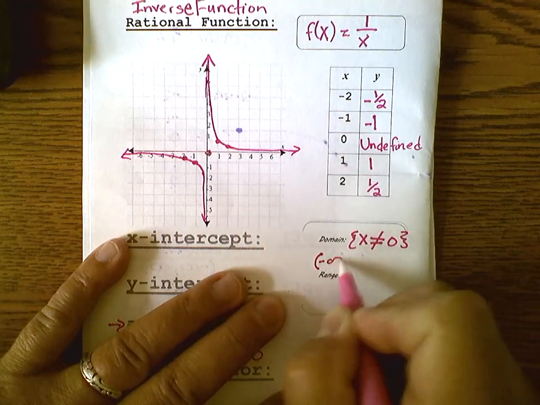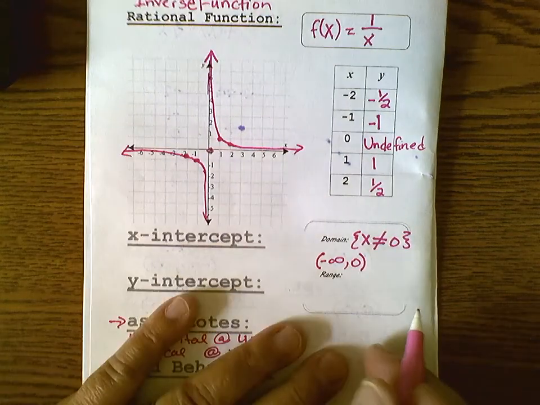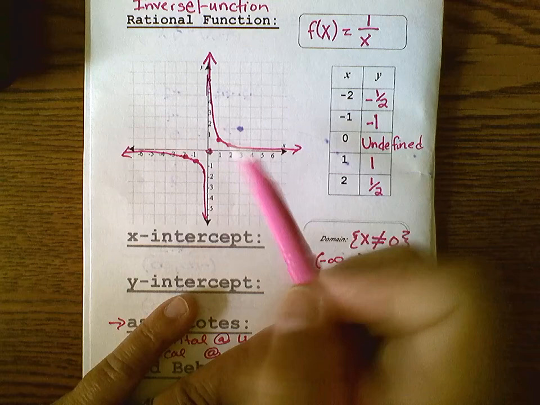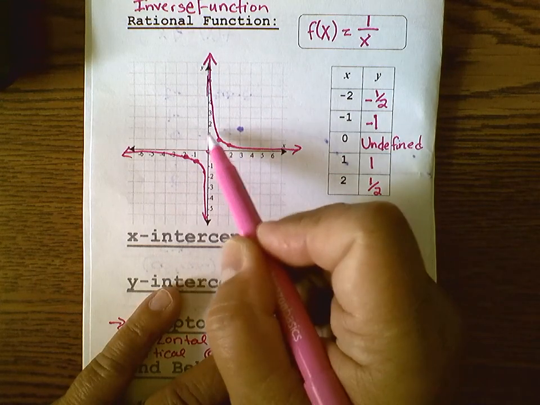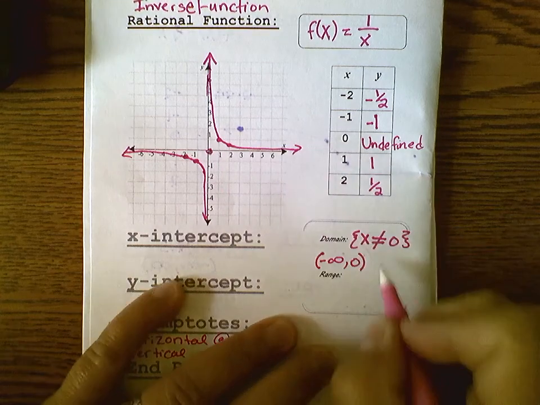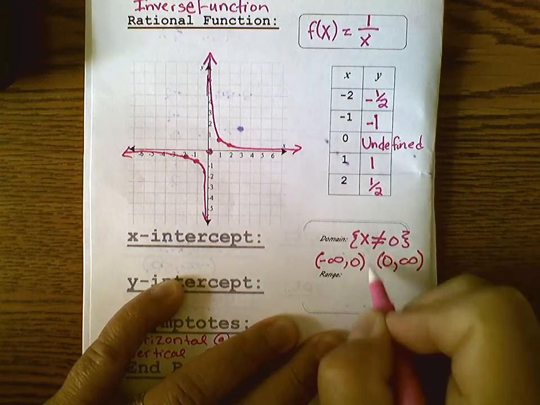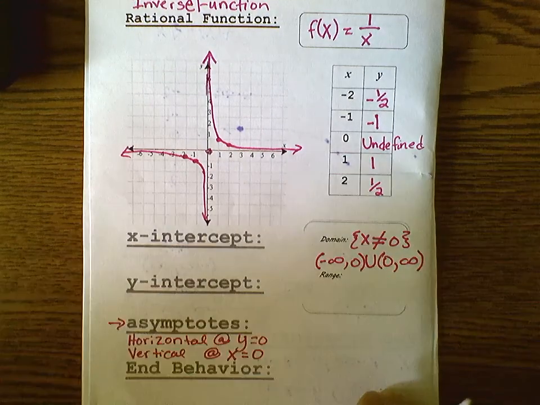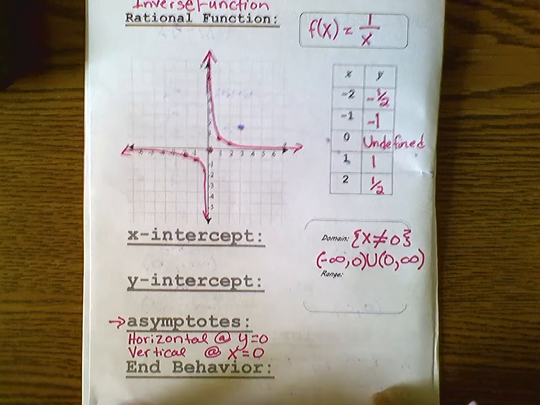So from negative infinity to 0, and 0 is not a point on the graph, so we use parentheses. This side goes from 0 here all the way to positive infinity. And we put these together or connect them with this U that symbolizes the union.